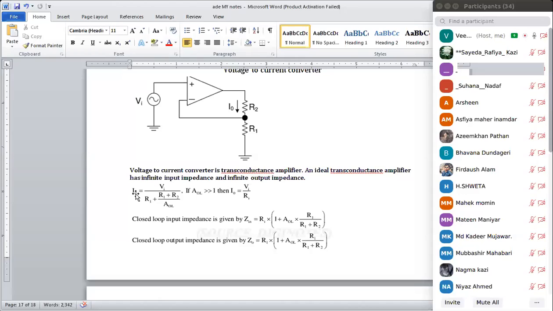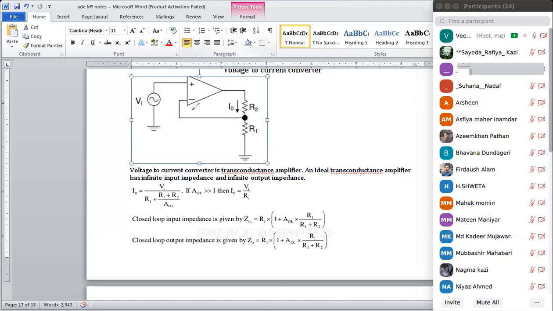Then what are the equations that I will get through this circuit? I require the output current here. The voltage has to be converted into a current, so I'll write a current equation. I naught is equal to V by R according to Ohm's law, that defines how much current is flowing.